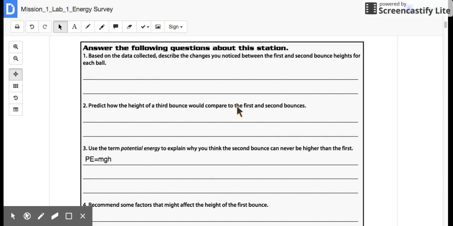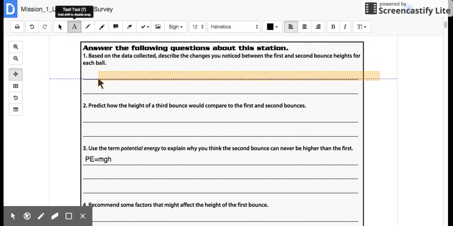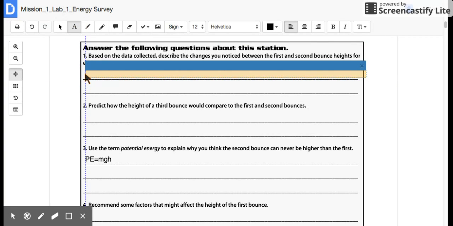Based on the data you collected, describe the changes you noticed between the first and second bounce heights of each ball. This one I want you to show me with data. What I mean by that is, you'd say ball A equals, let's say, 0.54 meters on the first bounce and 0.34 meters on the second.